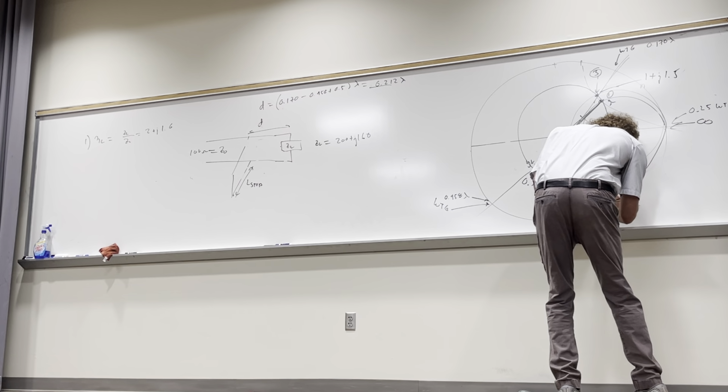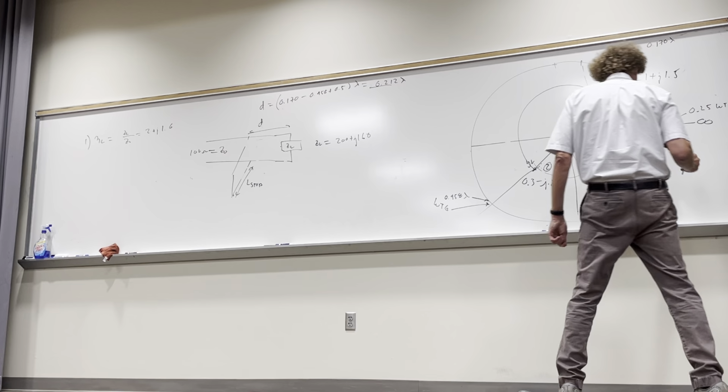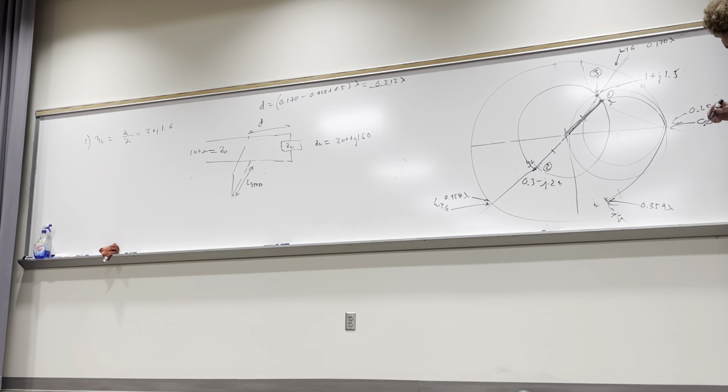0.354 lambda. And so can you subtract 0.354 lambda from 0.25, which is 0.104. Now, here's the problem with that. I would give this to you, but if you're a 1/10 of a wavelength or less, it doesn't actually look like a transmission line.